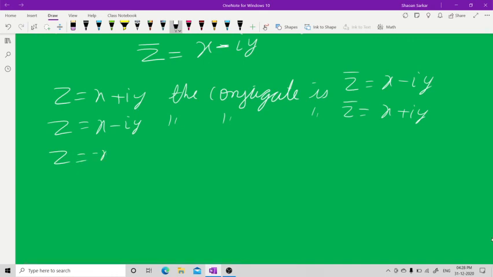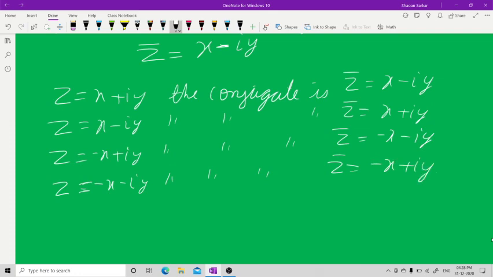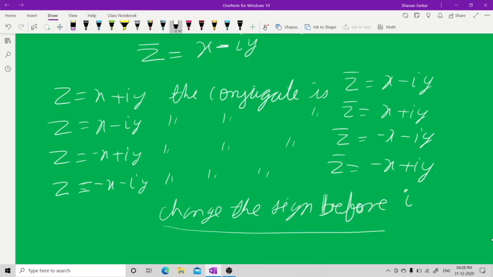If z is minus x plus iy, the conjugate z bar is minus x minus iy. If z is minus x minus iy, then the conjugate z bar is minus x plus iy. This is the way you have to change the sign before iota. Just change the sign before the iota.